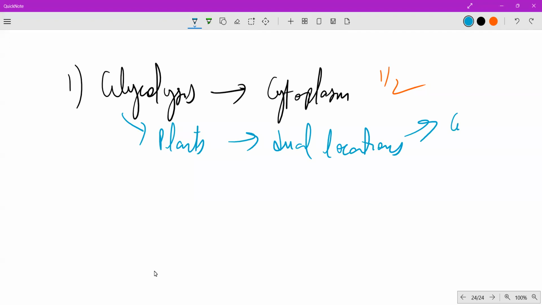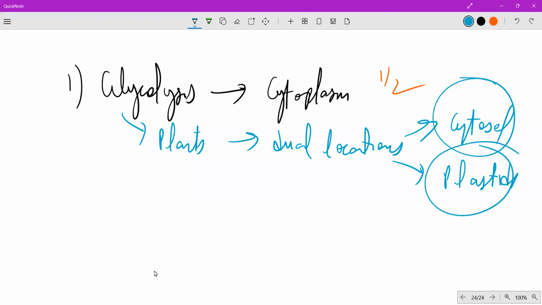One is cytosol, and the second is plastids. So plants में we have dual location of glycolysis. One is cytosol, one is plastids. This should be very, very clear.